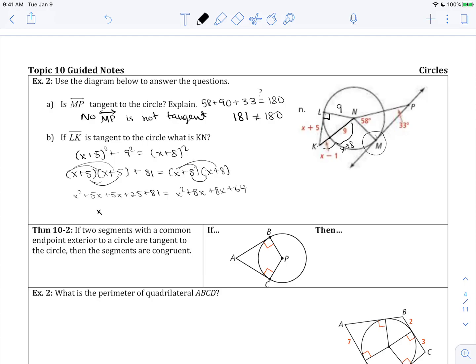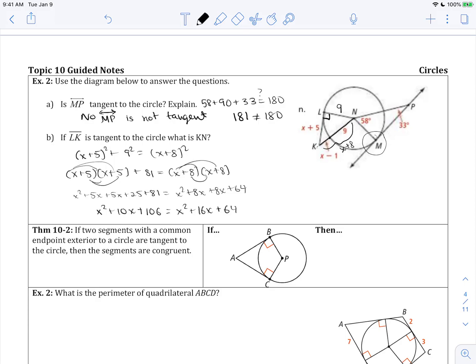We get x squared plus 10x plus 106 equals x squared plus 16x plus 64, okay? Now we want to get just x by itself.